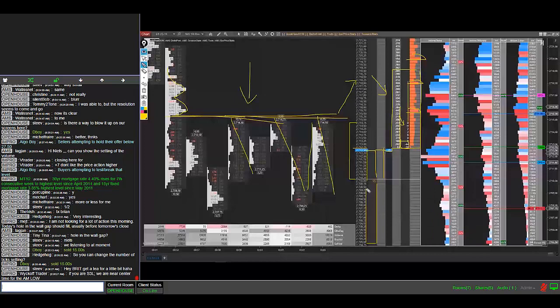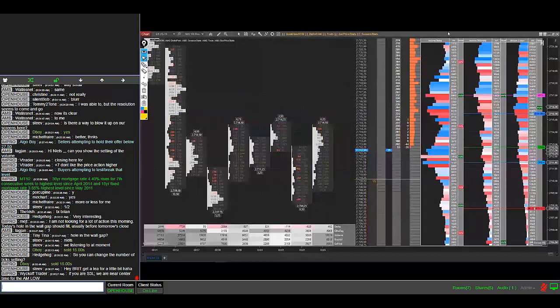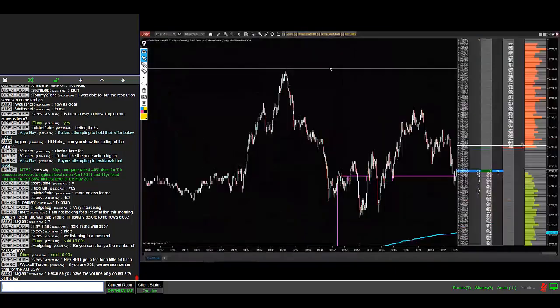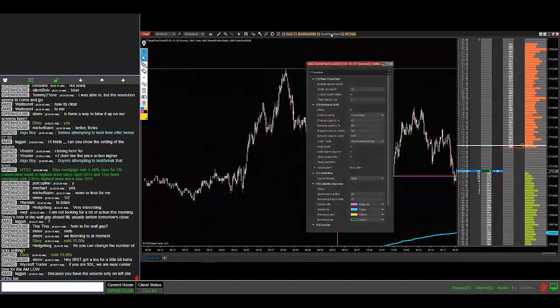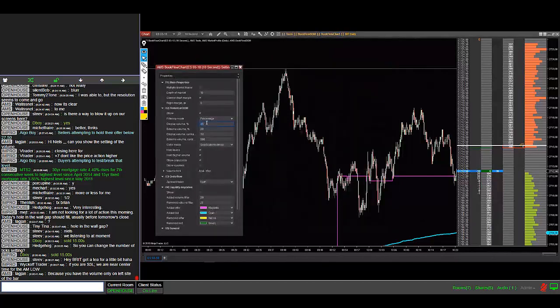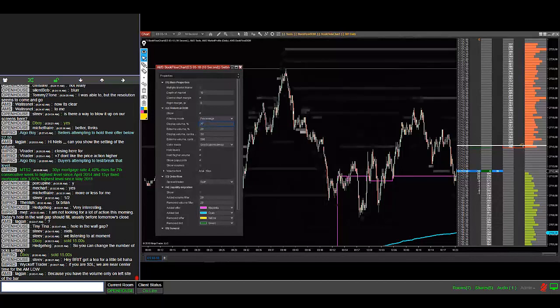So, that said, I want to go with this chart a little bit, and then change the setting. It might have reset the data. I don't know, because I was planning to do it later.